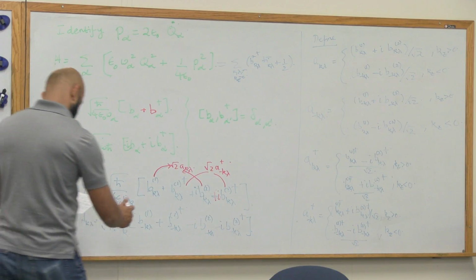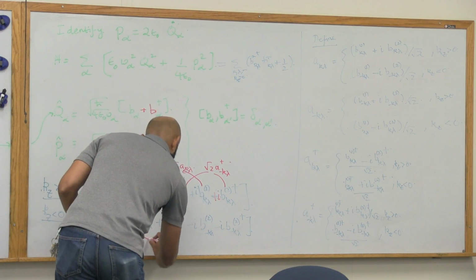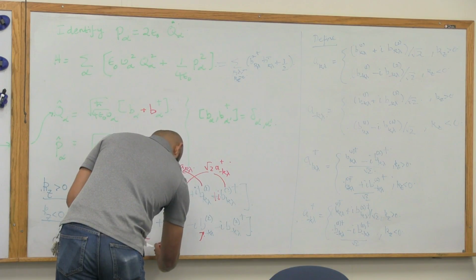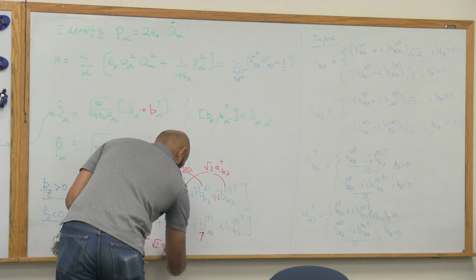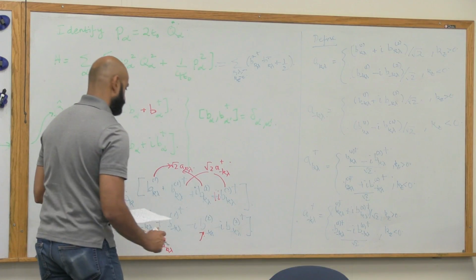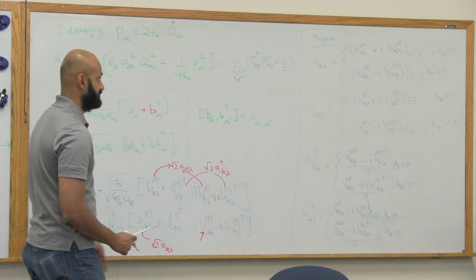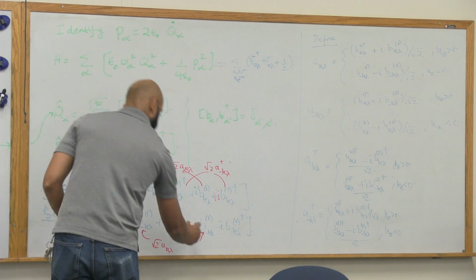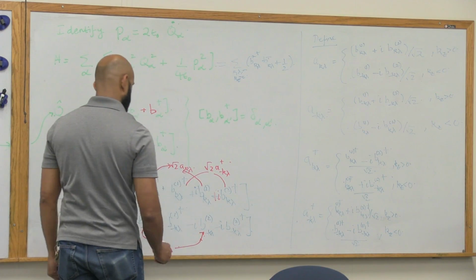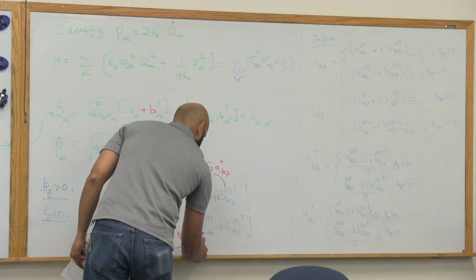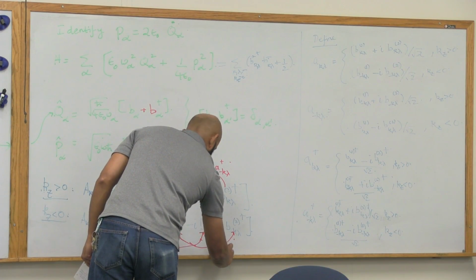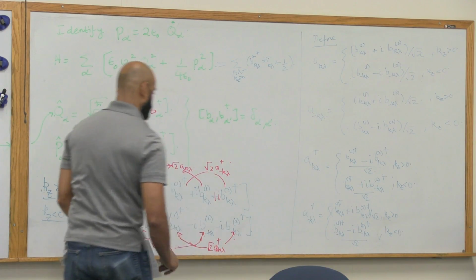Similarly, I can look at what happens with this term. These two terms together give me square root of 2 a_k lambda for the domain kz less than 0, which is exactly this term over here. And these two terms together go as root 2 a_minus k lambda dagger.